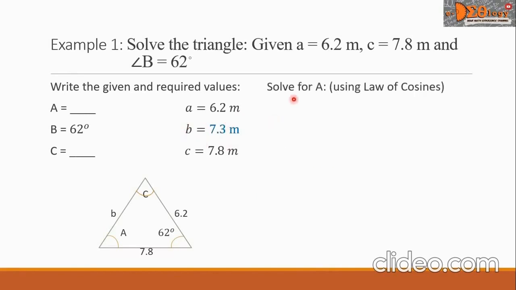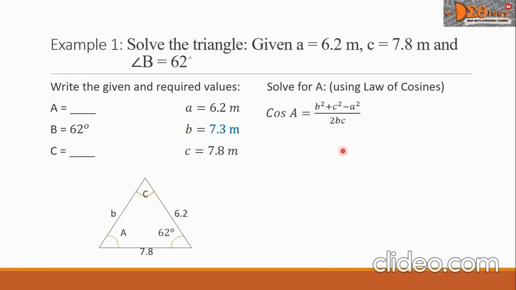Now let us solve for A using law of cosines. We may also use law of sines at this point. However, let us show that our A here is to be solved by law of cosines. So the cosine A equals B square plus C square minus A square all over 2BC.